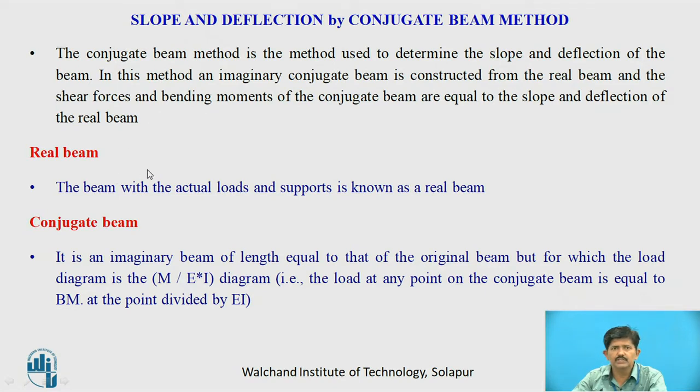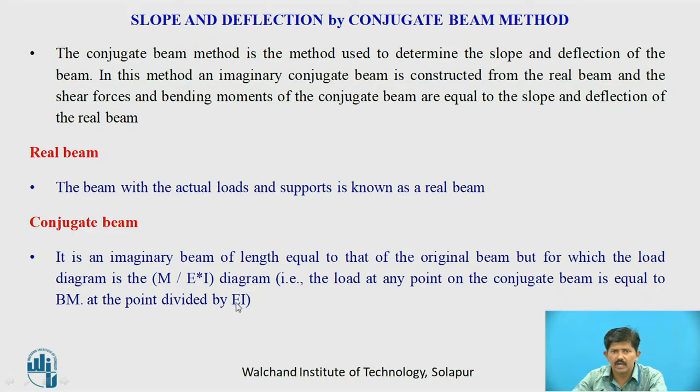The real beam is the one with actual loads and supports, and the conjugate beam is an imaginary beam which has length equal to that of the original beam, but for which the loading diagram is the M divided by EI diagram, that is, the load at any point on the conjugate beam is equal to the bending moment at that point divided by EI.